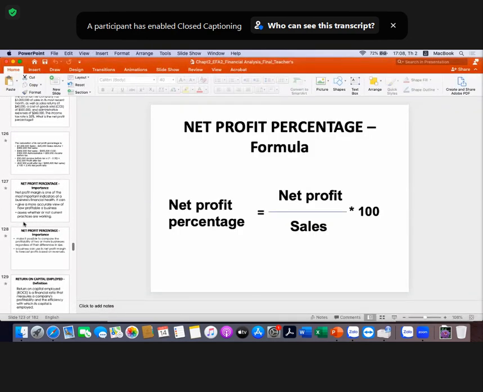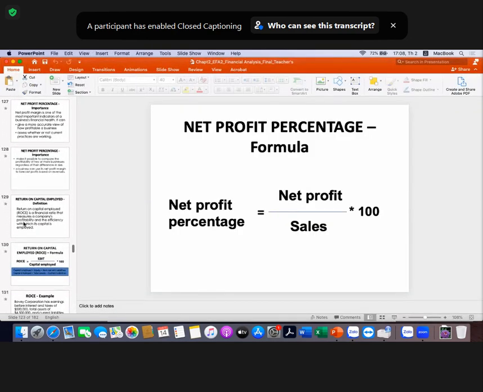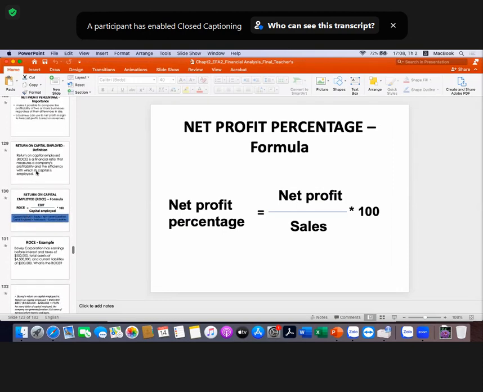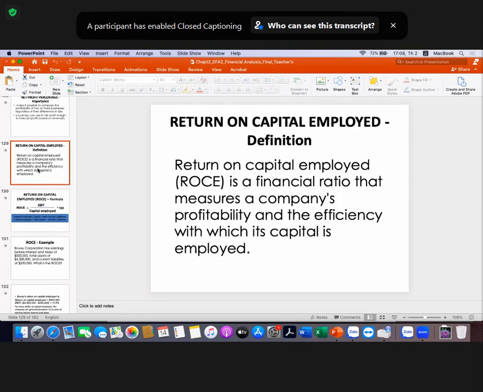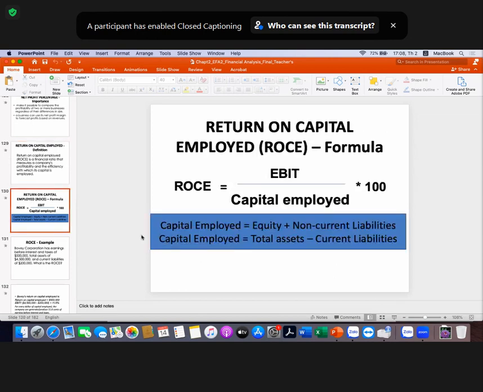And next, we come to return on capital employed. Return on capital employed is a financial ratio that measures the company's profitability and the efficiency with which its capital is employed. It's calculated by taking the EBIT, earnings before interest and taxes, dividing by capital employed.